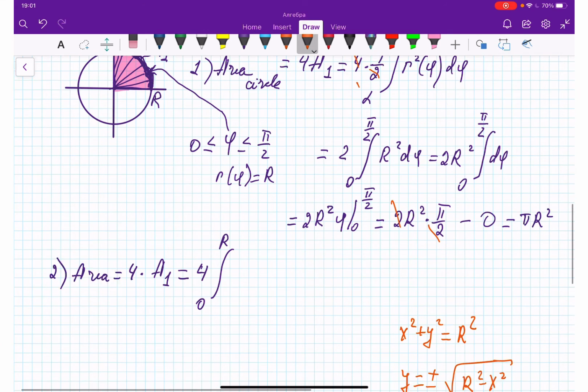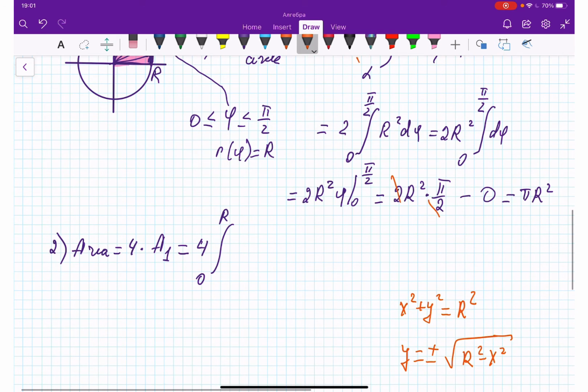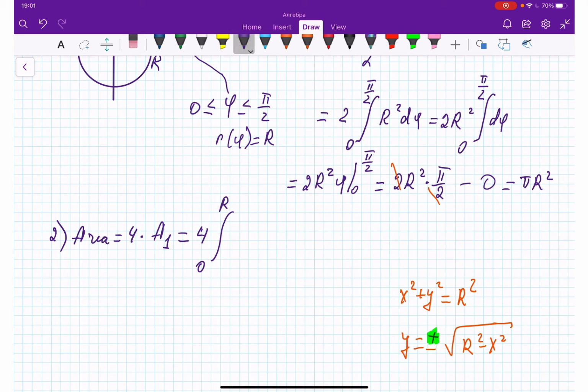Because we are using our first quadrant, in our case we are going to use only the plus sign, and this is going to be the square root of r squared minus x squared.